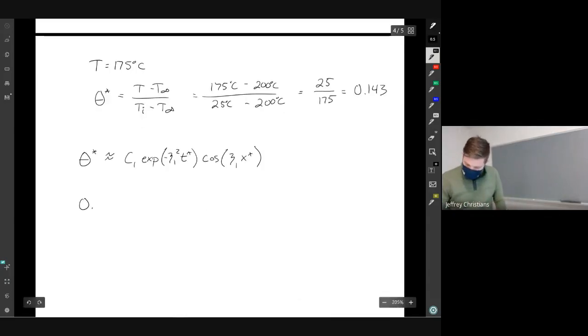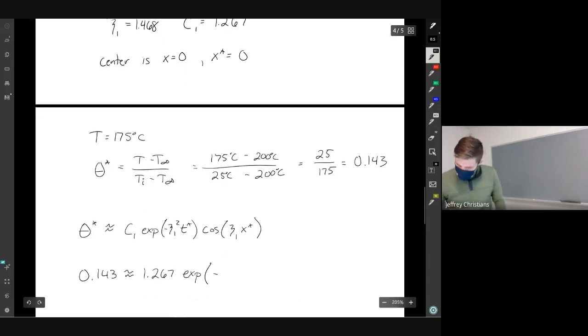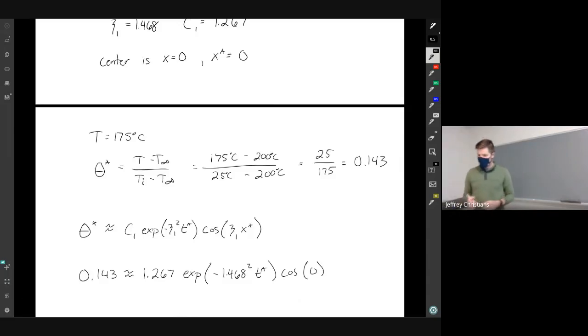So we could write 0.143 should be about equal to 1.267 exponential of minus 1.468 squared T star cosine of 0, because X star is 0.